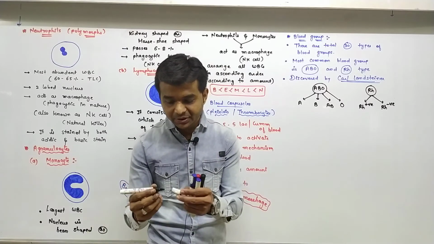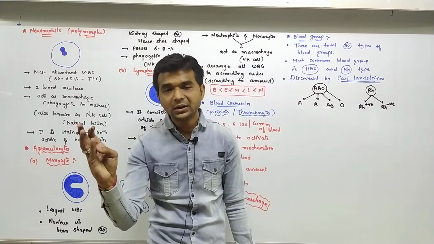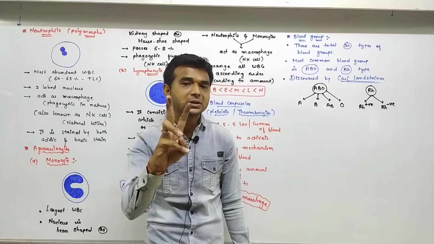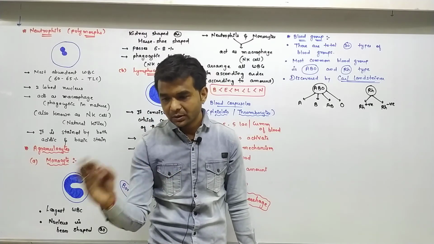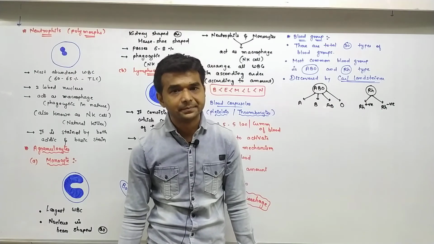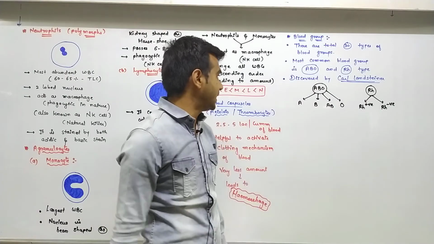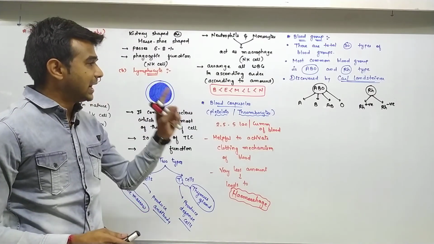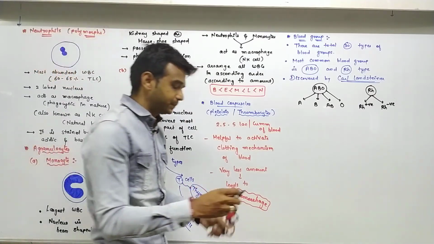Okay, we have 3 persons: mother, father and child. Out of these 3 persons, if you know any 2 persons' blood group, we are able to say the third person's estimated blood group. Later on I will tell you each and every hint for this. How can we identify the blood group?